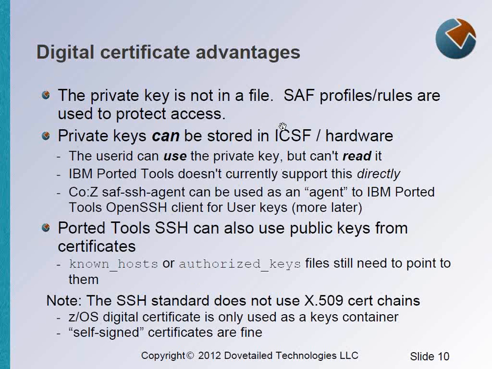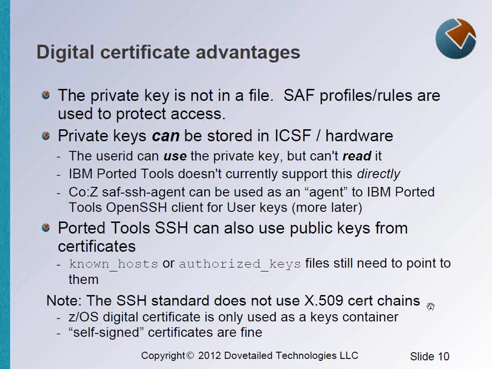Now I want to point out that the SSH RFC, the standard SSH across the wire, uses asymmetric key processing to do this authentication, but it's not SSL, right? We had a question last time about that. It's not SSL, and in fact, it doesn't use X509 certificate chains.